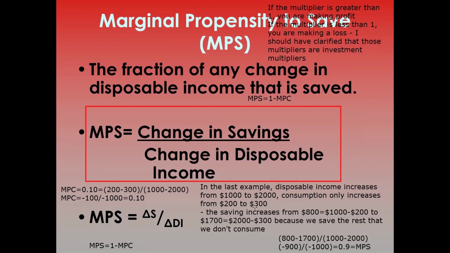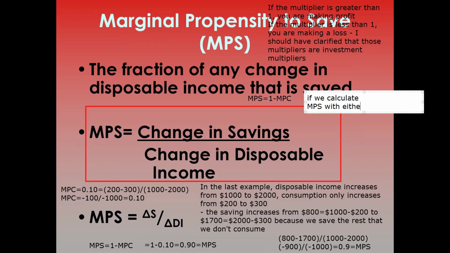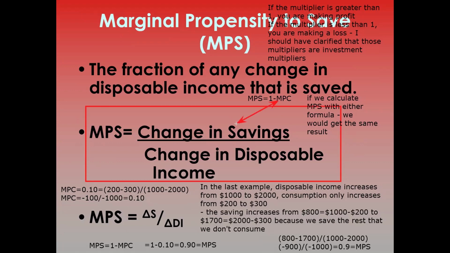And then if we did 1 minus 0.1, we get 0.9. So if we calculate MPS with either formula, we would get the same result.